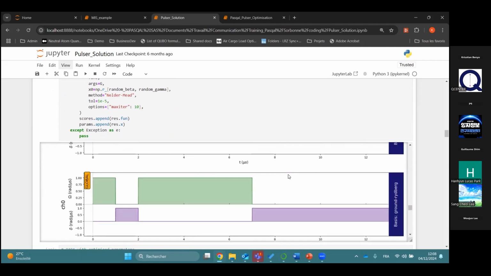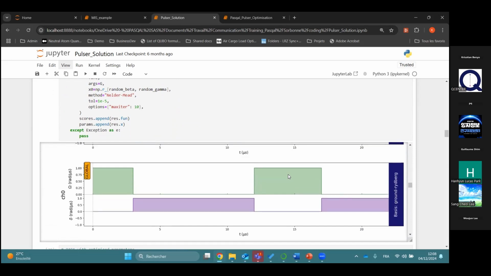So you can use different optimization methods that all rely on the fact that you try to test different lengths of durations and different values for the detuning as well as for the amplitude parameter.